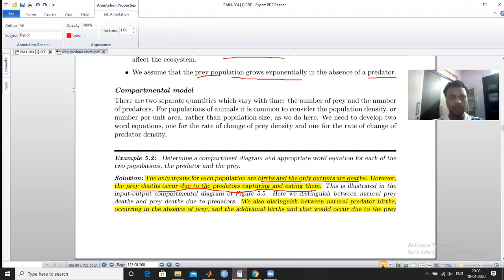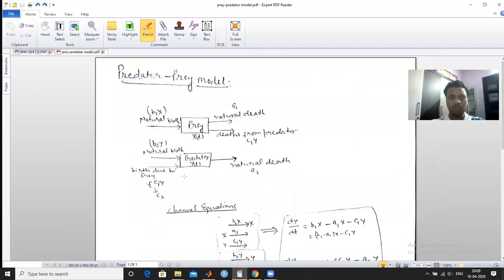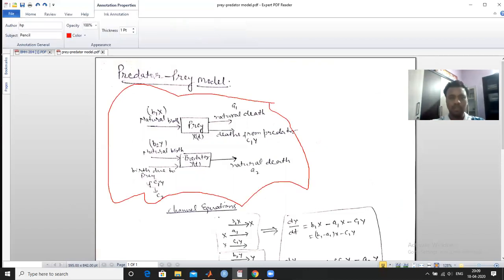So we will concentrate on this compartmental diagram. There are two populations, represented by this block and this block, two compartments. Suppose this one represents the prey population and this one the predator population. Suppose the prey population at time t is represented by x(t) and the population of the predator at time t is represented by y(t).